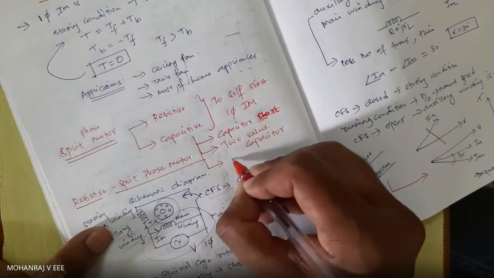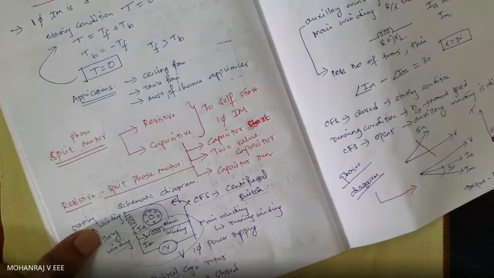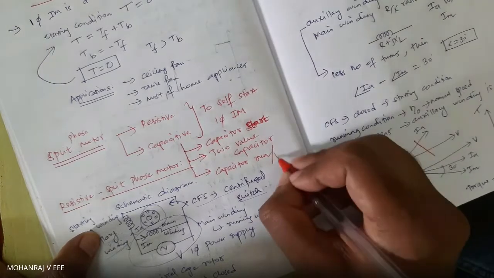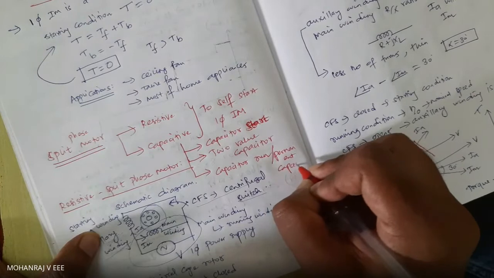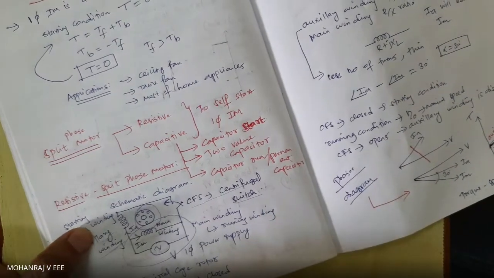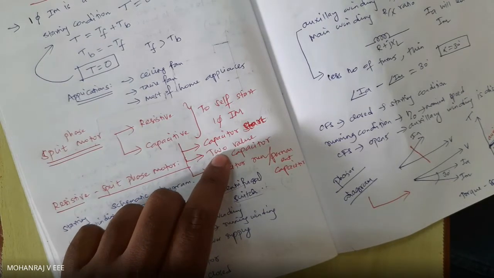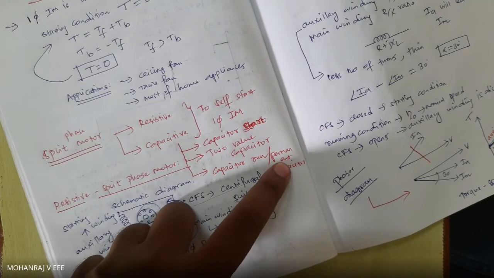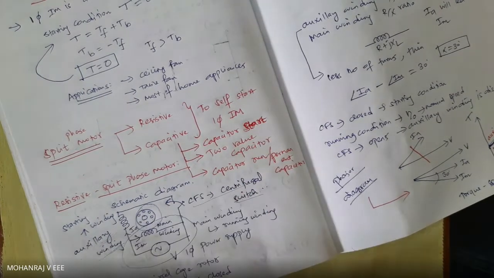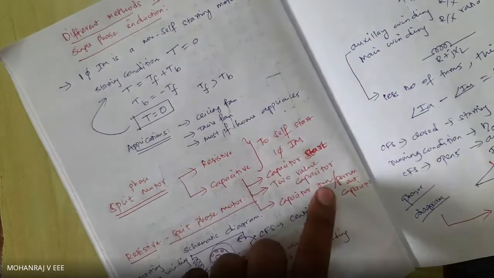The third type is known as capacitor run, or it can also be called permanent capacitor split phase motor. This is for the capacitive split phase motor.